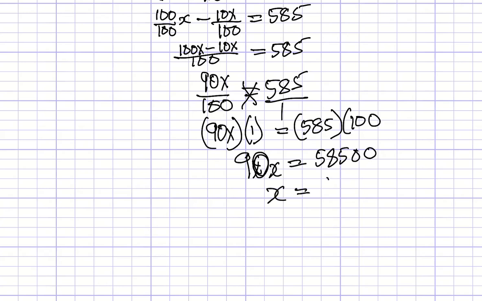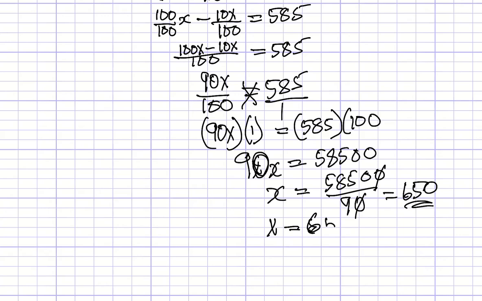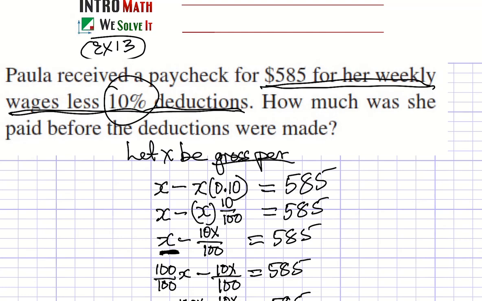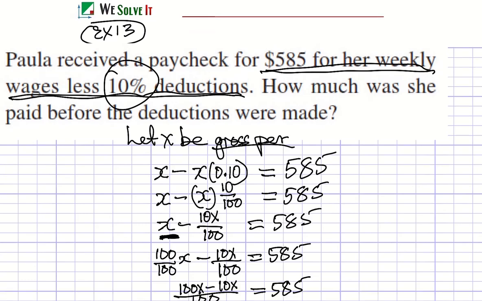X equals 58500 over 90. You see that, right? You cross out the extra zeros, and then you do 585 divided by 9, and you get 65, so x equals 650. That's what she made before deductions. You see, x is gross pay, which is before deduction.